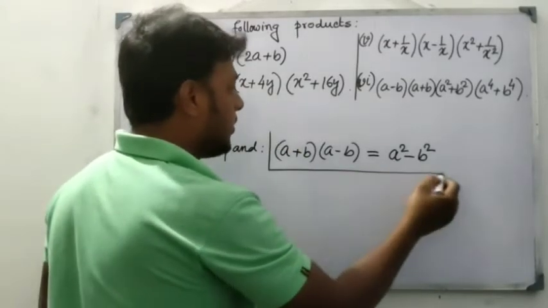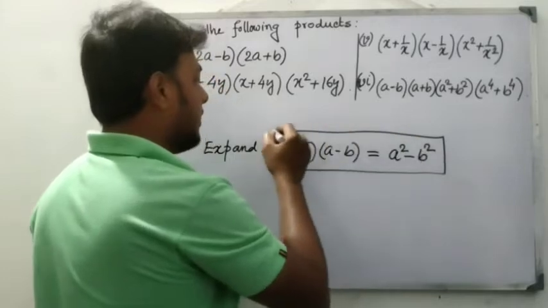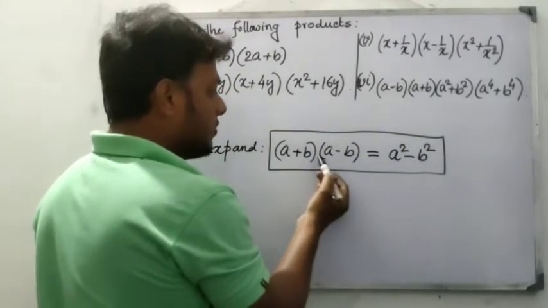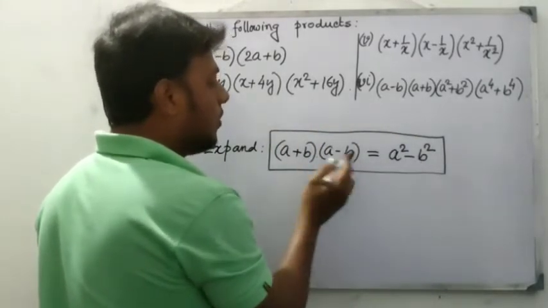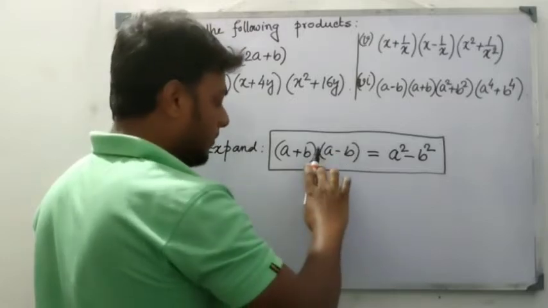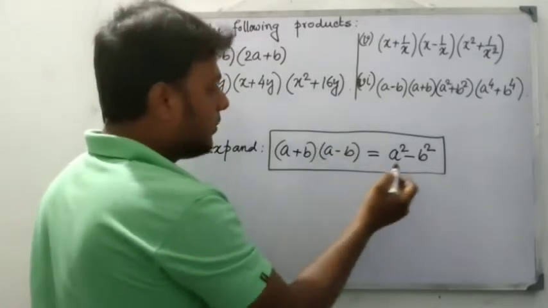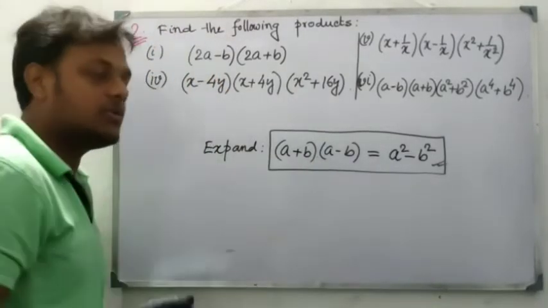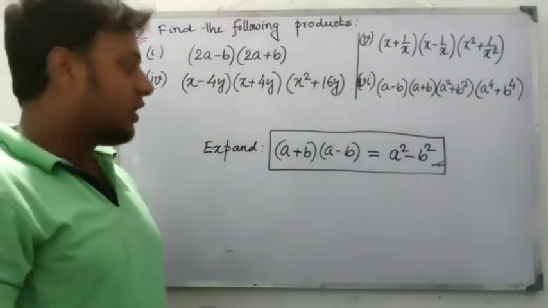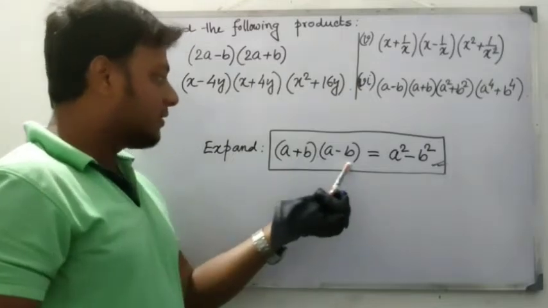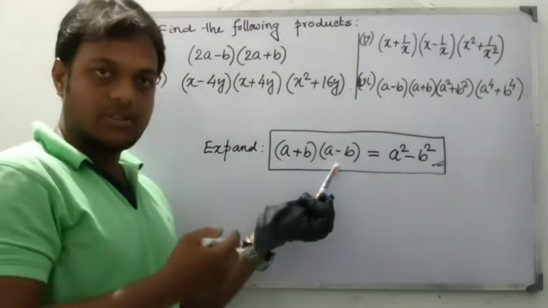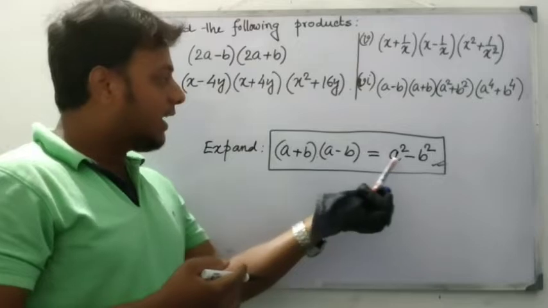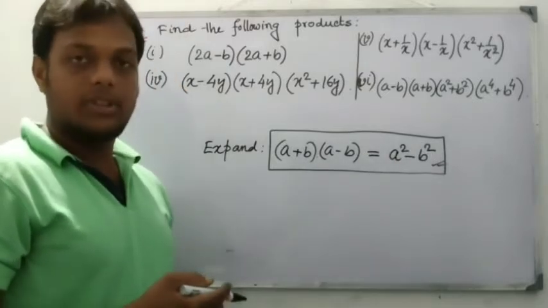I told you to memorize this result, that (a + b)(a − b). We need not do the middle steps. Directly we can use this answer, that (a + b)(a − b) equals a square minus b square. If you expand it by using the previous process, then you will get the answer a square minus b square.